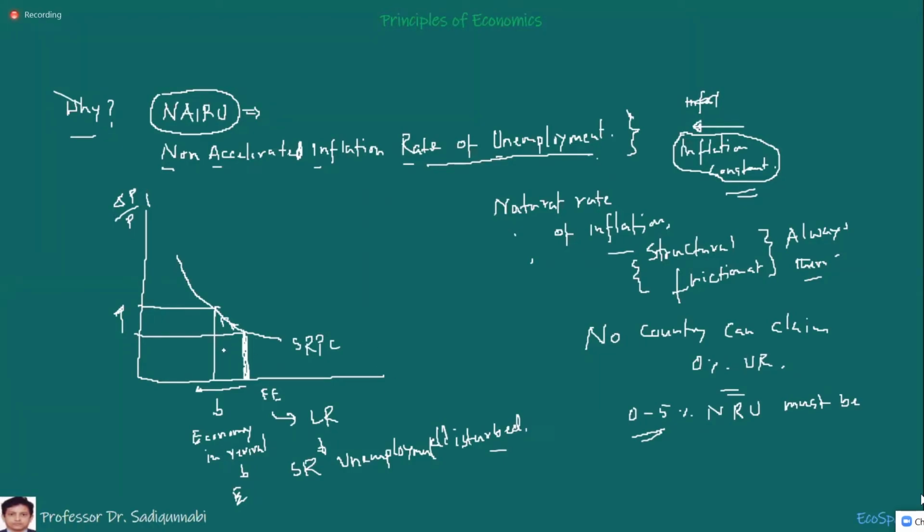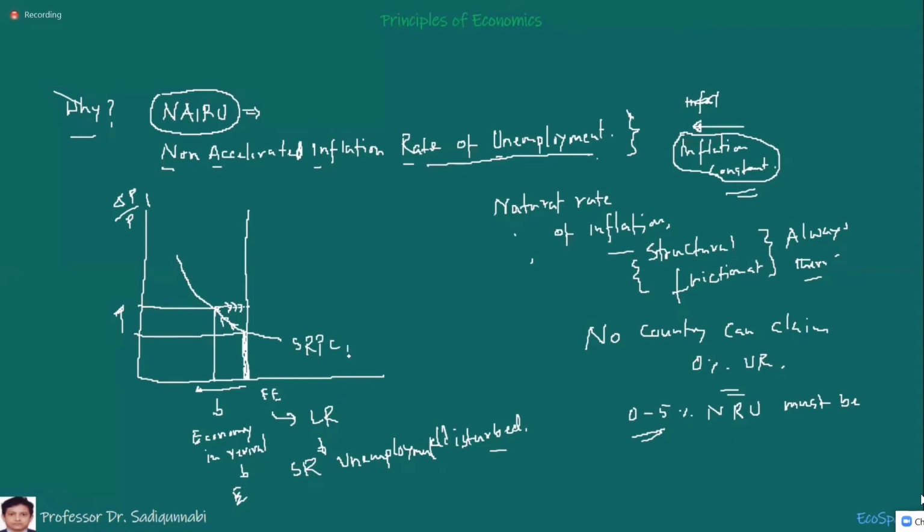Now what happens because of NAIRU? Actually this unemployment has some constant inflation. So actually in the short run the economy moves in this way, but in the long run the economy again moves in this way.